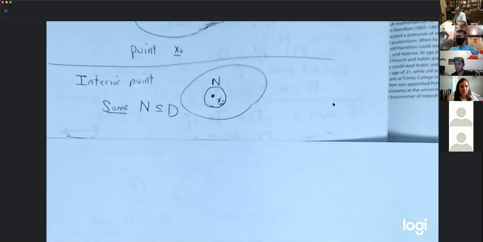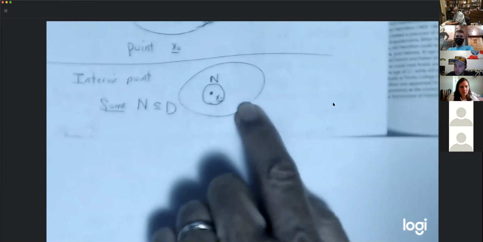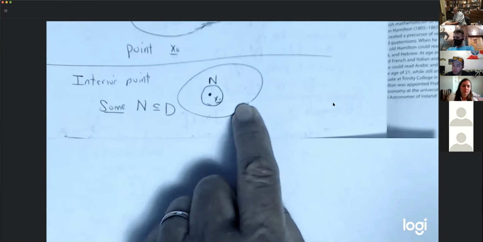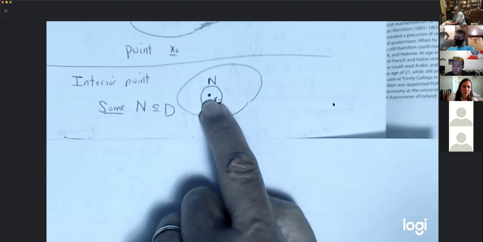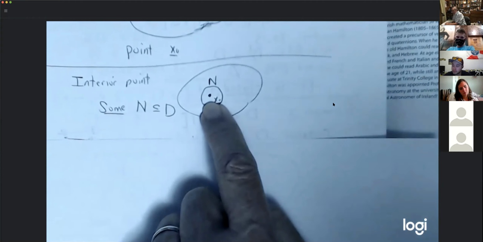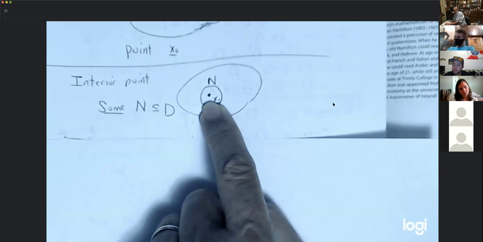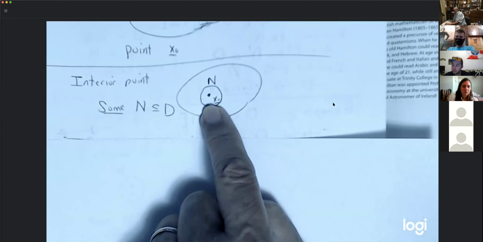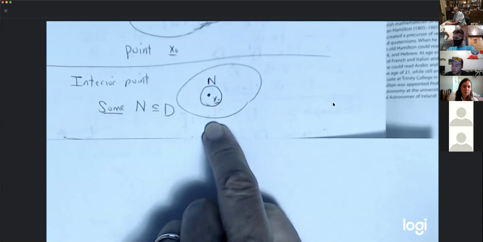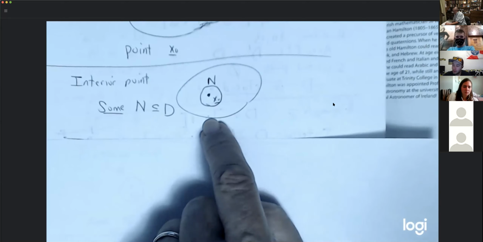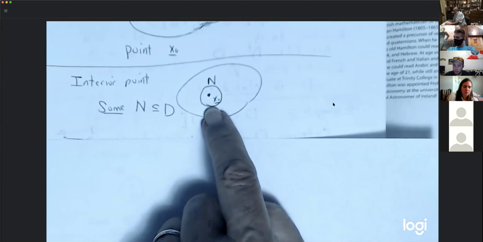Now, if I still have the same set D, and I have the point here, this is where the point happens to be. So if I have a situation where this is the way it is, then the point is called interior to the set. And the reason is, yesterday we said it's interior if there is a symmetric neighborhood N that is inside the set.